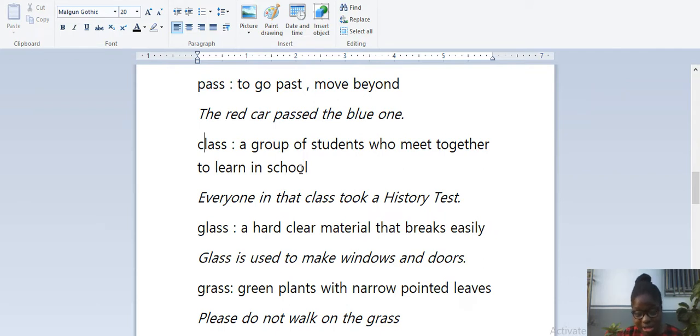I've just decided to pick this particular one so that we can relate it to what we are doing here and you can understand it very simply. So class: a group of students who meet together to learn in school.